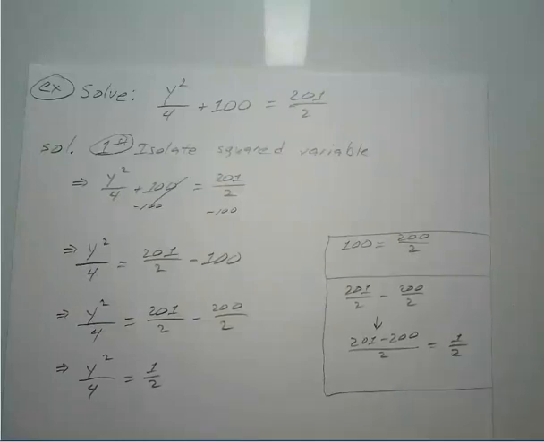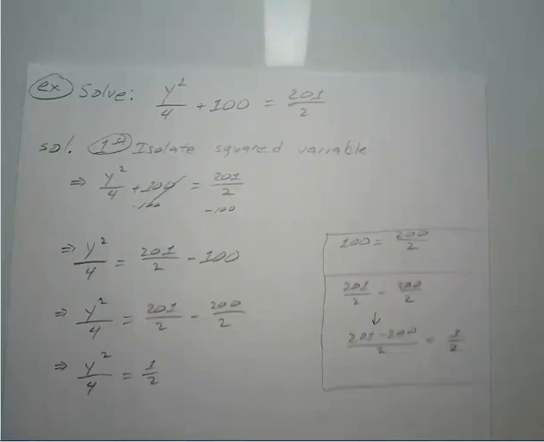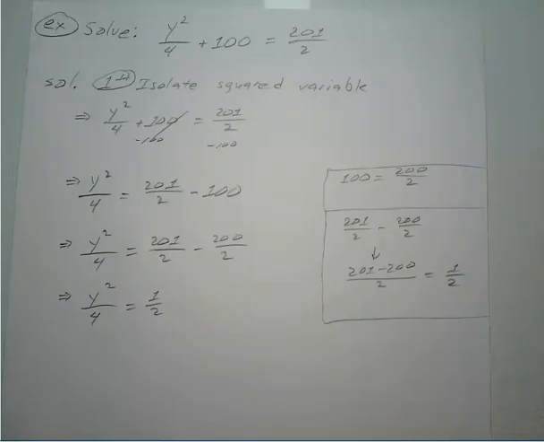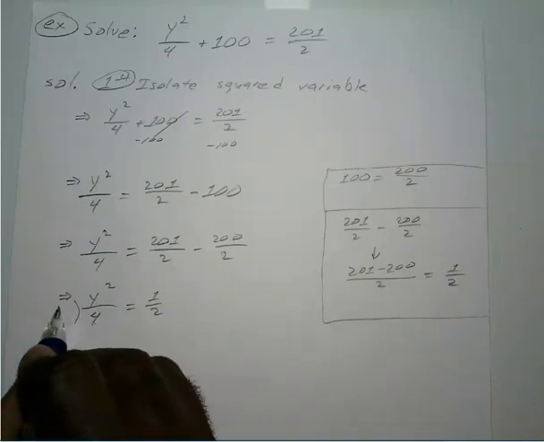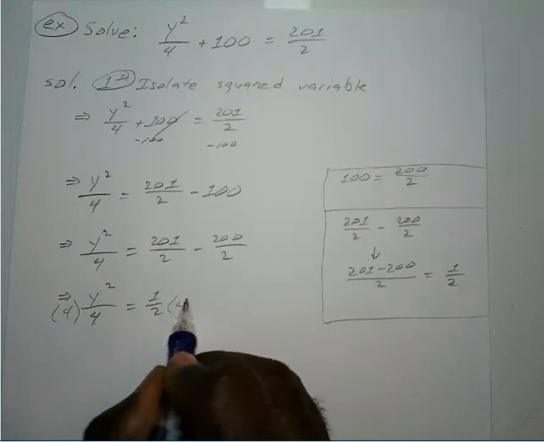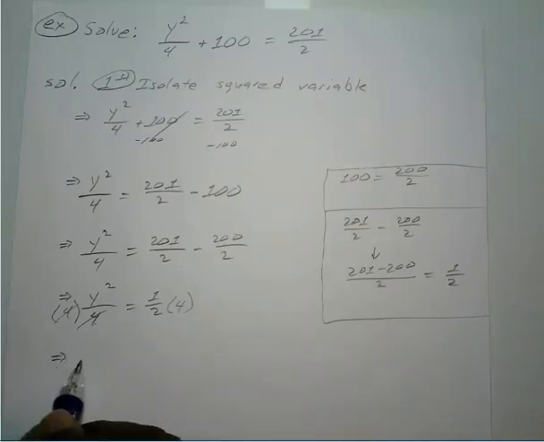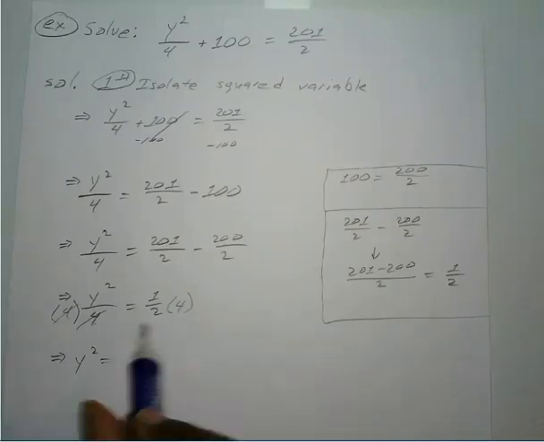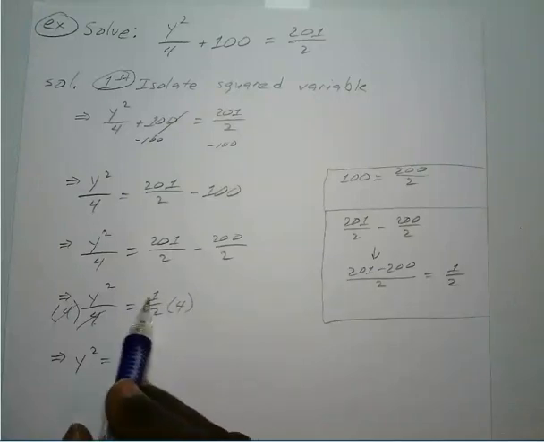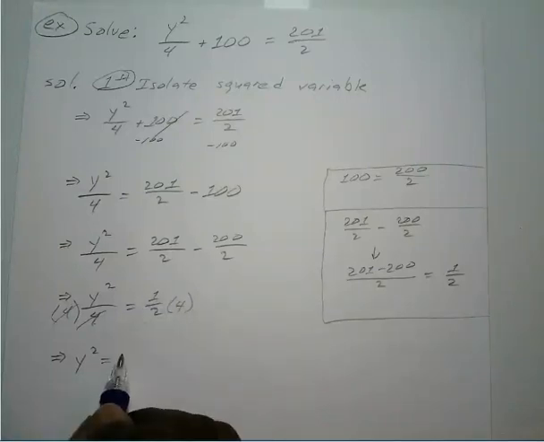So you have your 1/2. Okay, so now we just multiply both sides by the denominator to get our y squared by itself. So we go ahead and multiply both sides by 4. Okay, so these two will cancel each other out. So you have y squared equals 1/2 times 4, basically 4 divided by 2, which is 2.